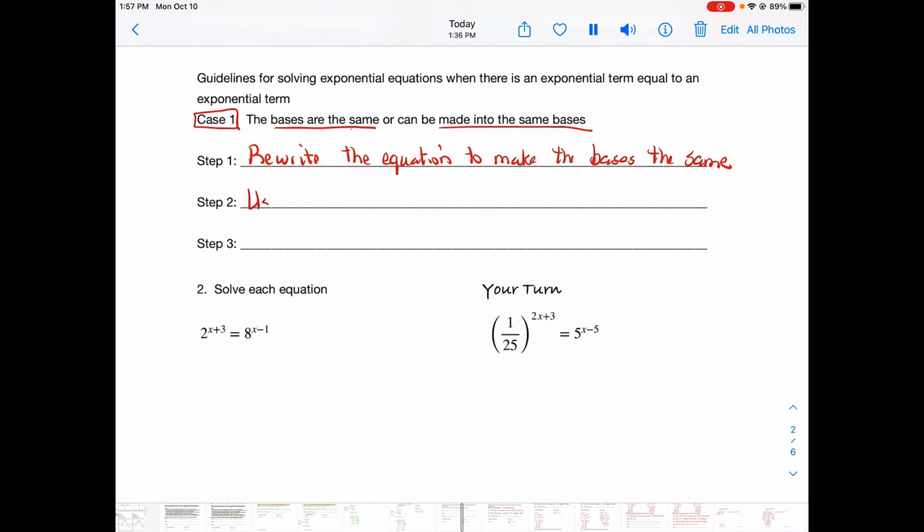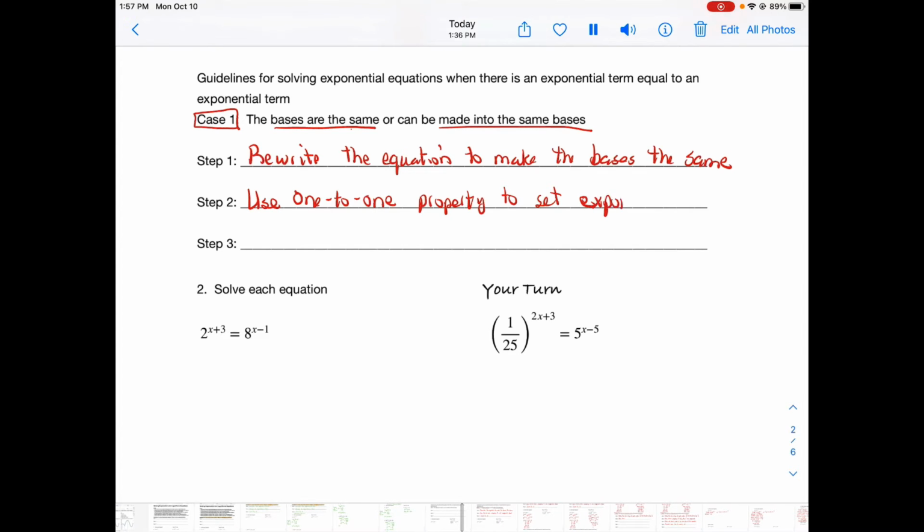Once you've done that, we're going to use what's called the one-to-one property and set our exponents equal to each other. Because remember, a to the x equals a to the y if and only if x equals y. So that's that one-to-one property we're going to use. Okay, and then we're going to use algebra to solve for x.